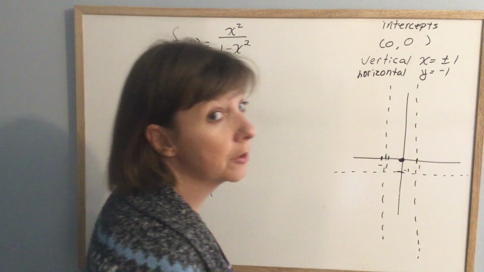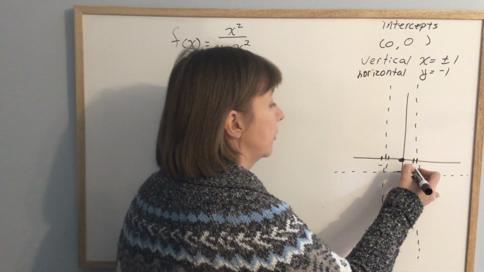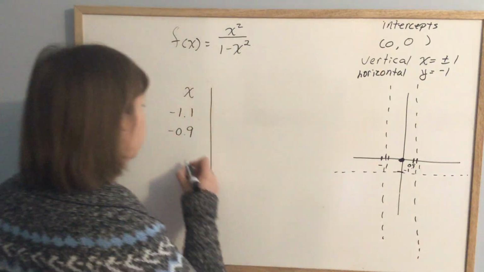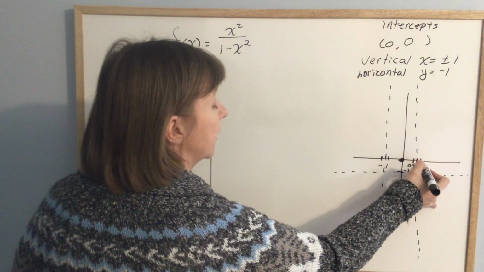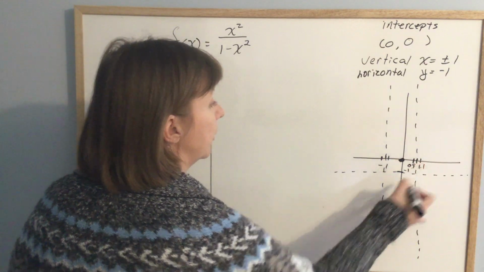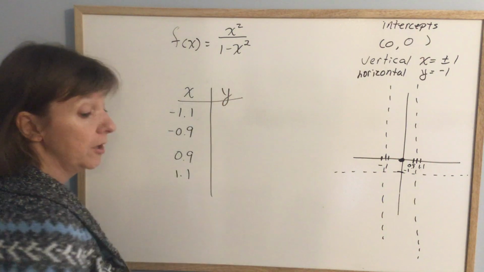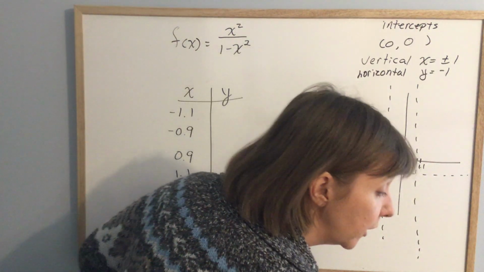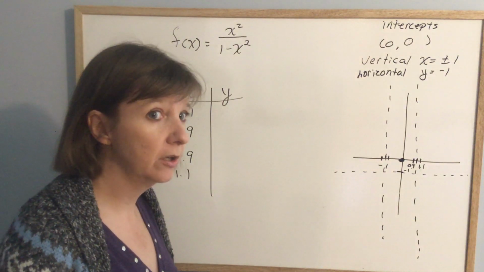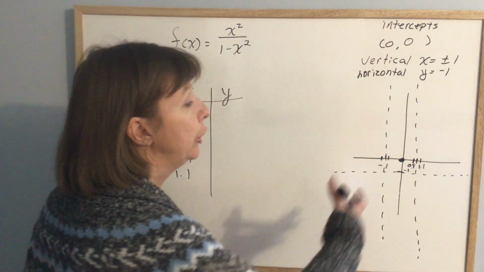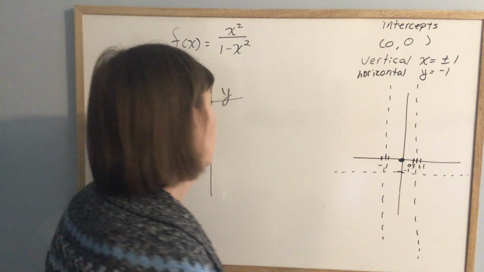Same thing with the other vertical asymptote. I can't pick 1, but I could do 0.9. And I could do something on the right-hand side, which would be 1.1. What I'm going to do is see what kind of answers I would get for that. In other words, what am I approaching? What is my graph getting close to as it gets close to those asymptotes?